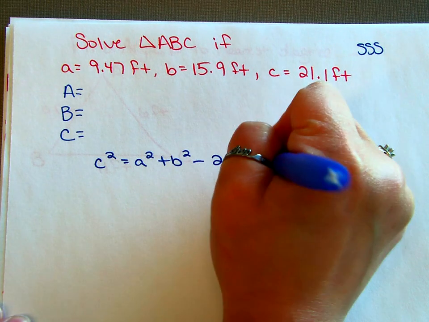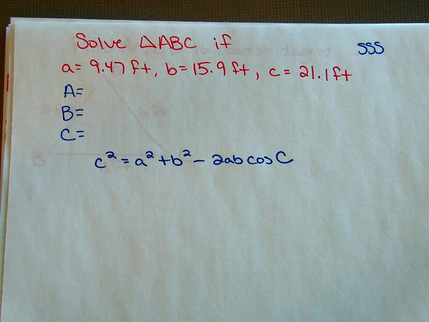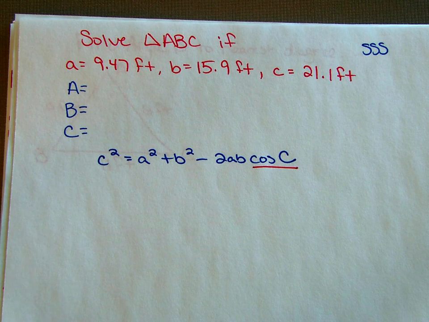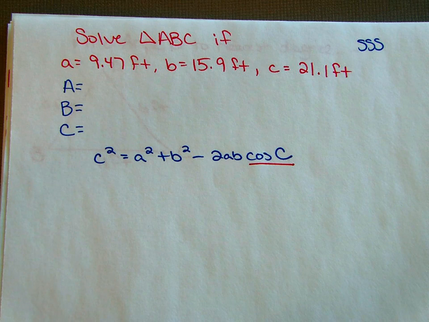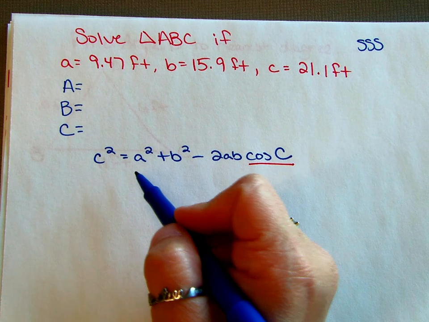And before I plug anything in, because I don't want to do any of that, I'm going to focus on getting that cosine C 100% by itself. Then I'll start plugging in values. But until then, I'm going to leave it in ABC form. So if I'm trying to get cosine C by itself, well, I'm going to subtract the A squared, and I'm going to subtract the B squared.